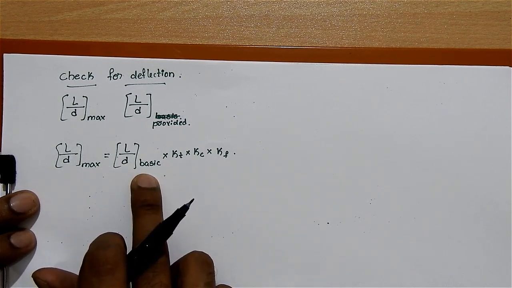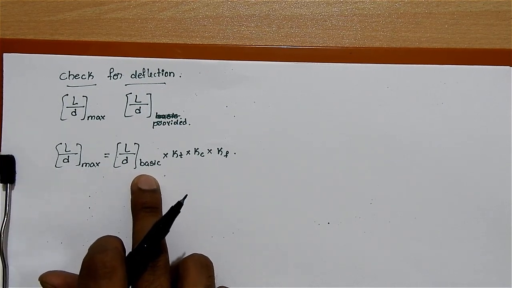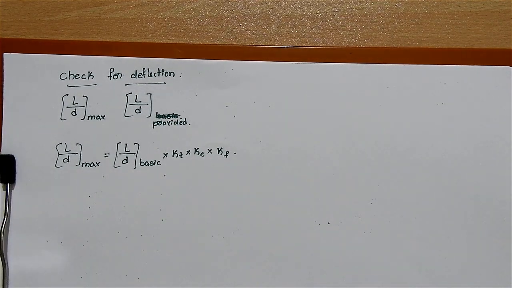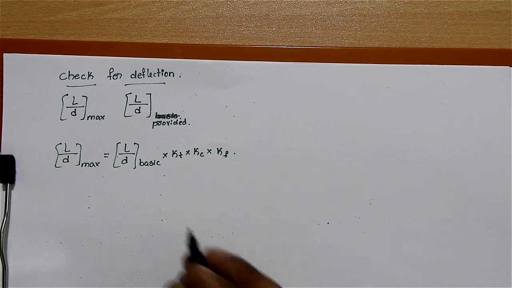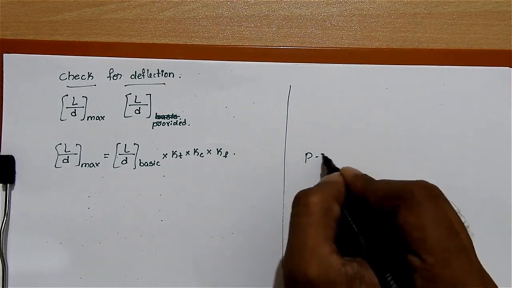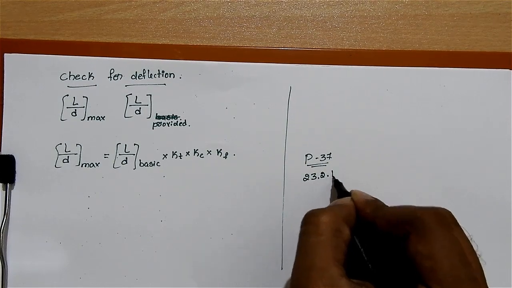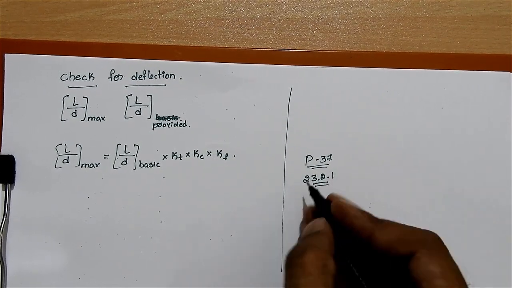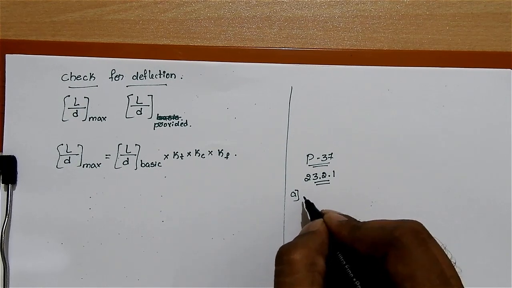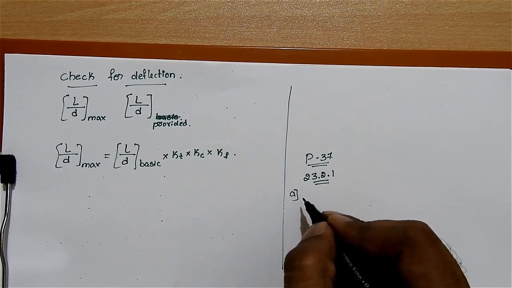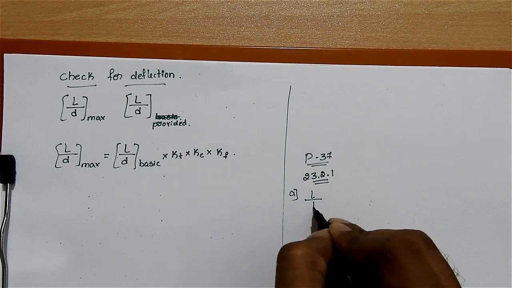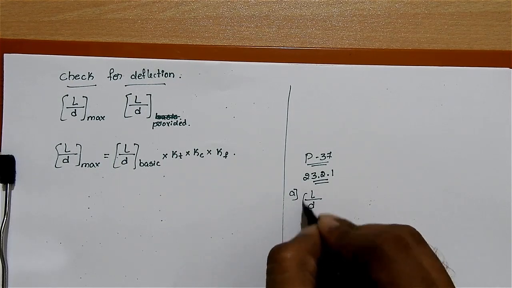You will get this L by D basic from page number 37 in IS 456. In clause 23, in point A, you will get the basic values of span to effective depth, that is L by D. Basic values means L by D basic.